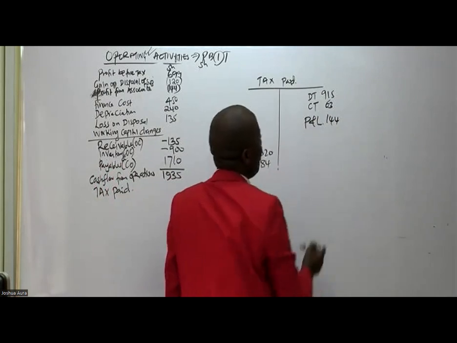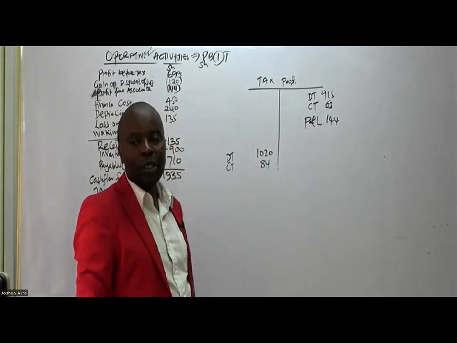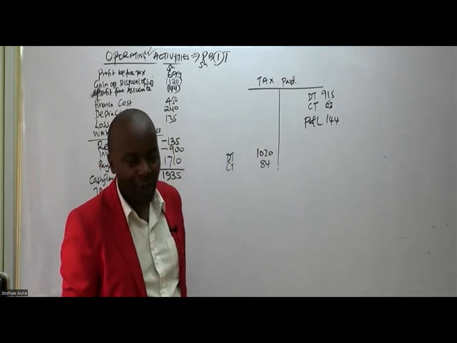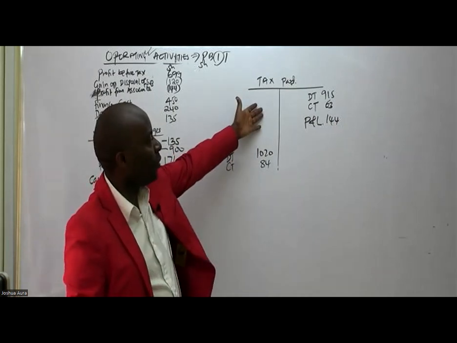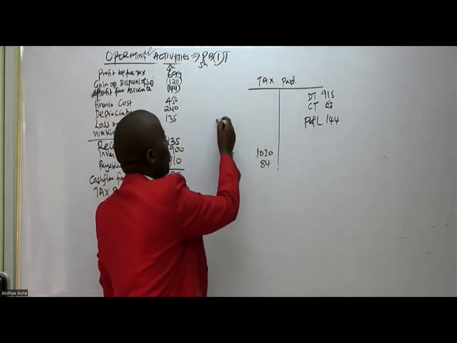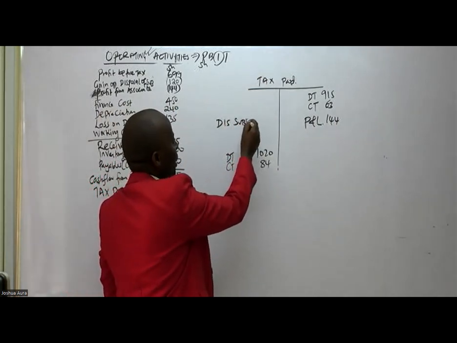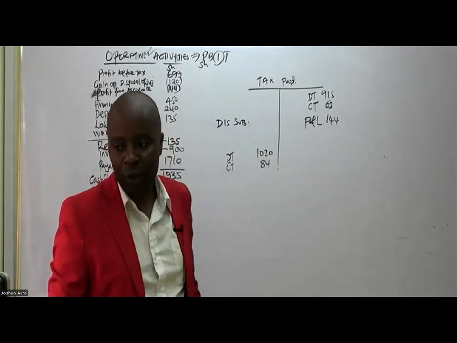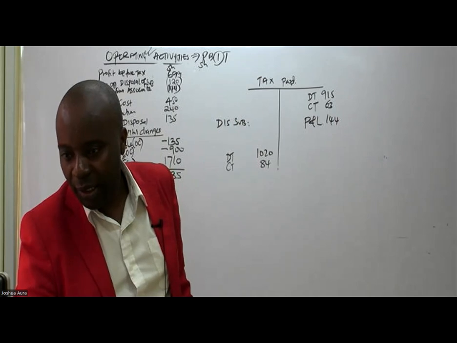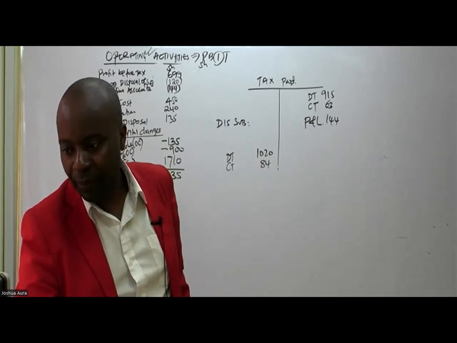In this case, don't forget the sold, disposed subsidiary. The disposed subsidiary will reduce the tax obligation because it went with some tax. So we have the disposed subsidiary tax obligation. Let's look for the tax obligation.